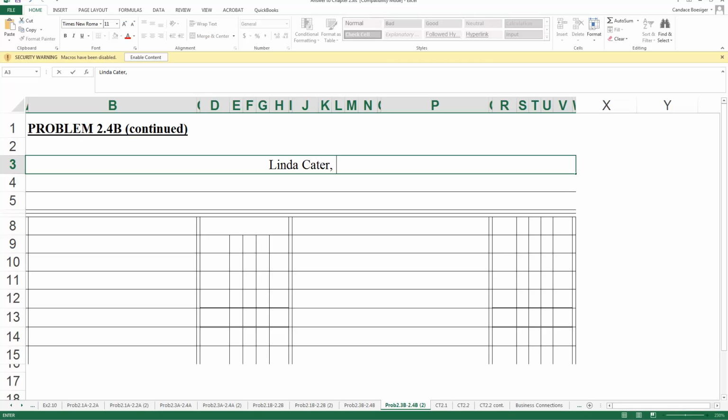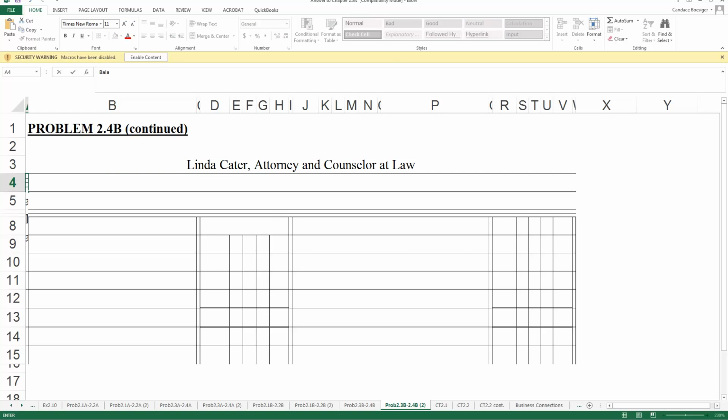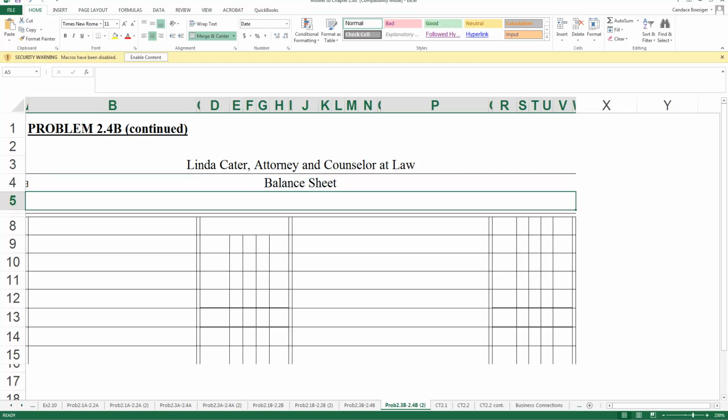Linda Carter, attorney and counselor at law. We're preparing a balance sheet. And this doesn't say for the month end of, this is for one day. One day is what the balance sheet is on, not for the month ended.